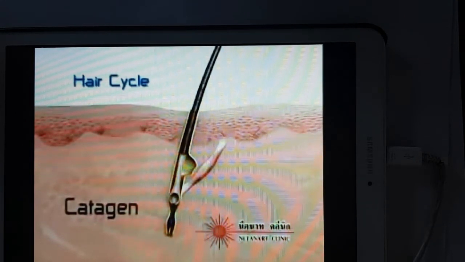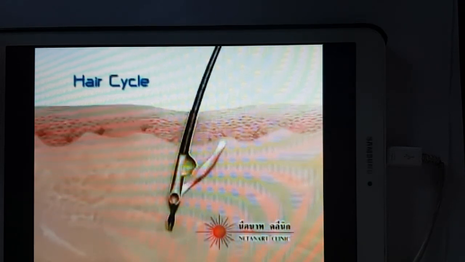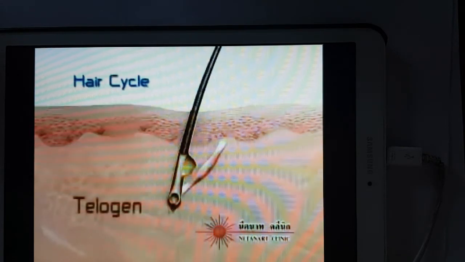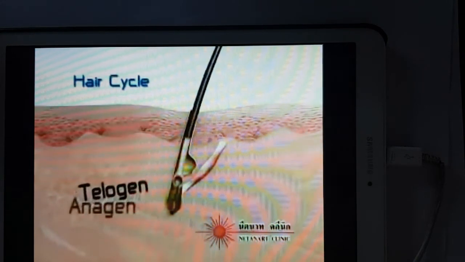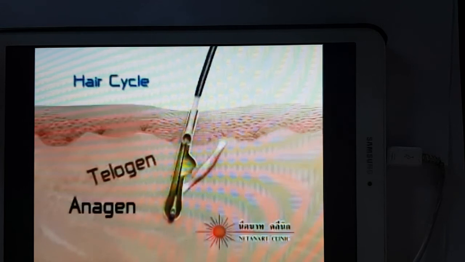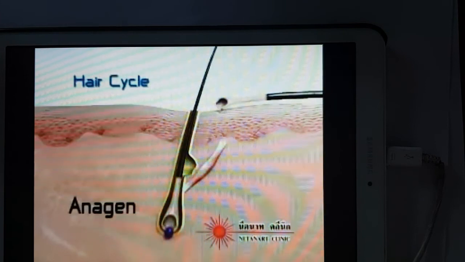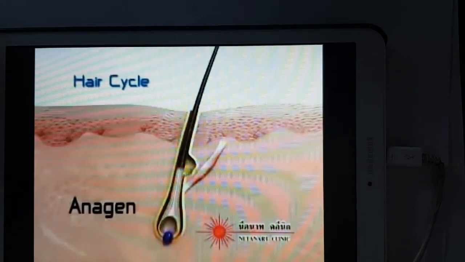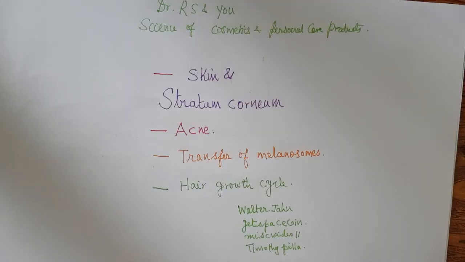Then the catagen, where the hair gets detached, and then the telogen, the resting phase, and the anagen starts again, right? This is the hair cycle.